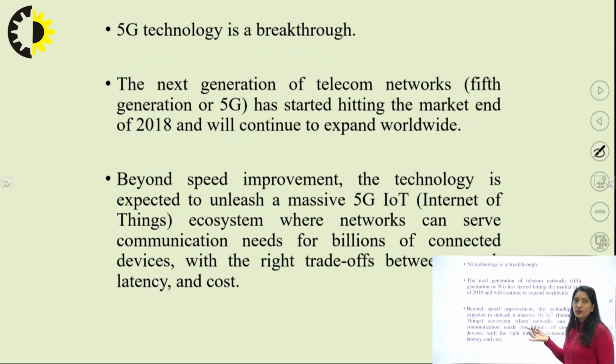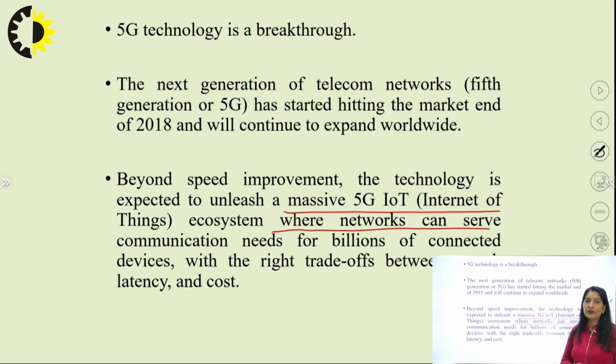It is a breakthrough, of course. The next generation of telecom, 5G, has started hitting the market. Beyond speed improvement, the technology is expected to unleash a massive 5G IoT ecosystem where the network can serve the communication needs of billions of connected devices. As we can see, with the help of IoT, we can connect our hardware with the network.